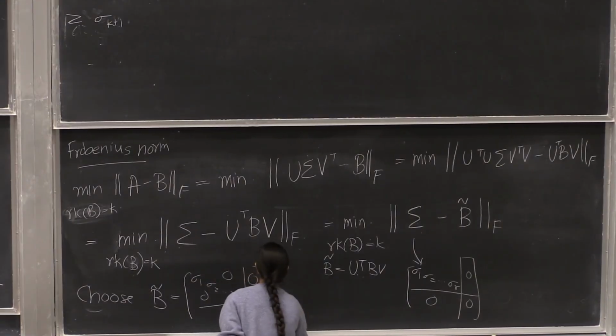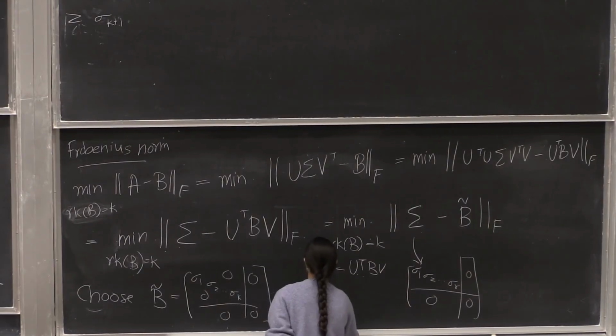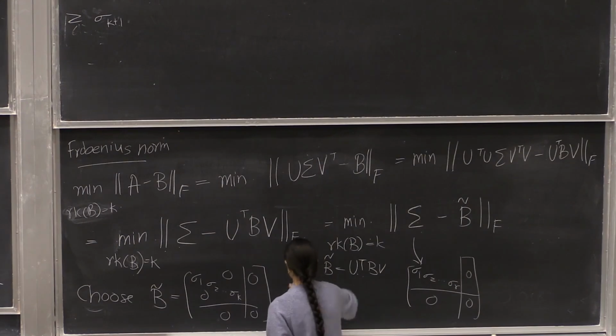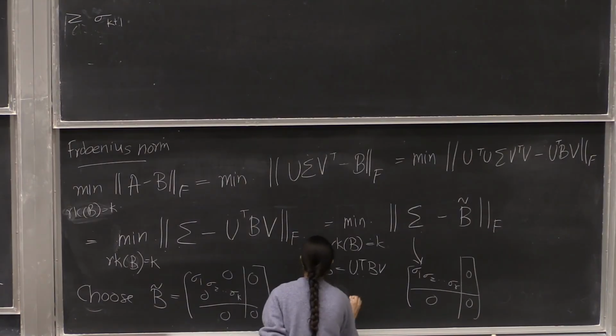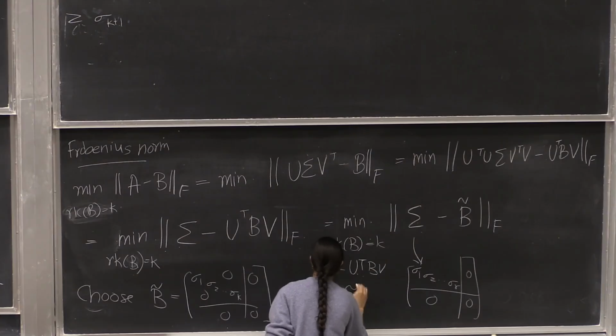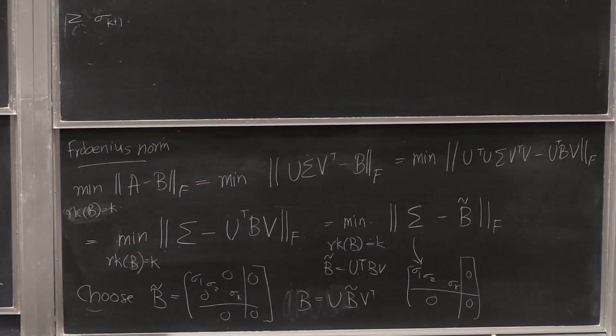Therefore, B is equal to, sorry, go ahead again. So I'm going to get some U sigma K V transpose, yes.